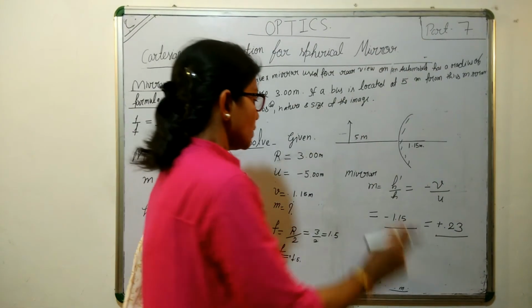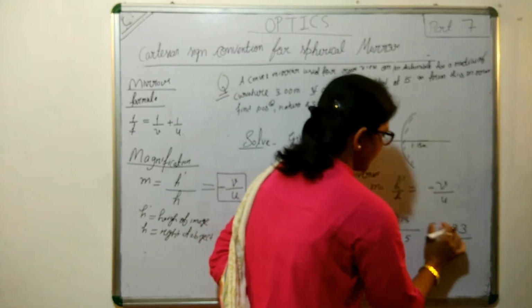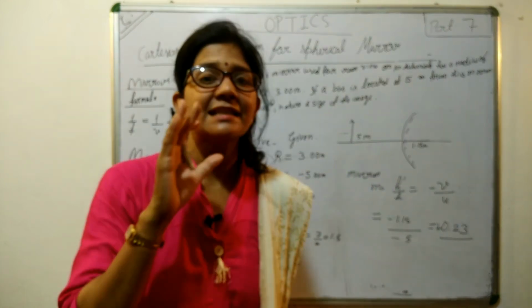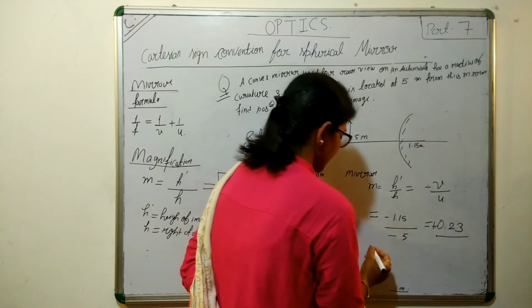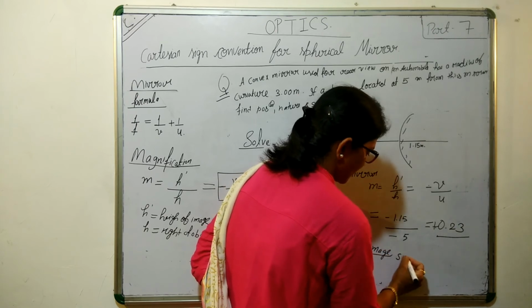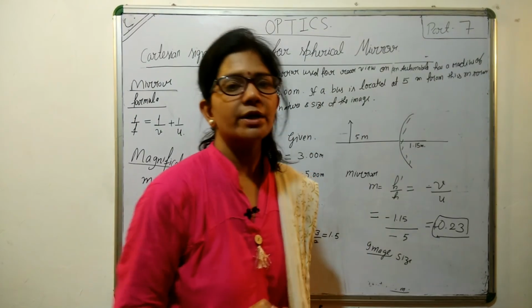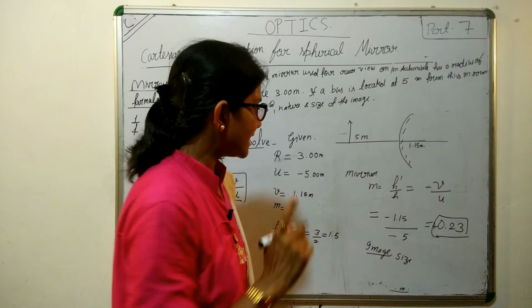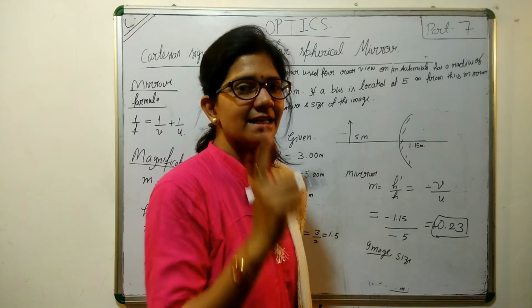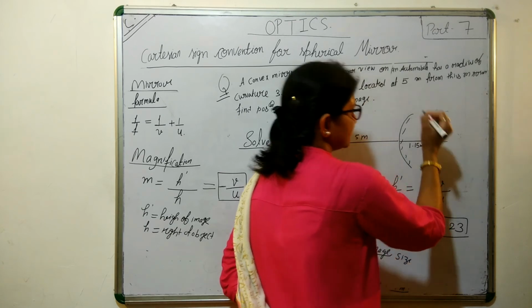What you can observe is that it is less than one. What does it mean? The image is small in size, and the ratio is 0.23 times. The second thing, we are getting it plus, which means the image is erect, so you will get the image like this.